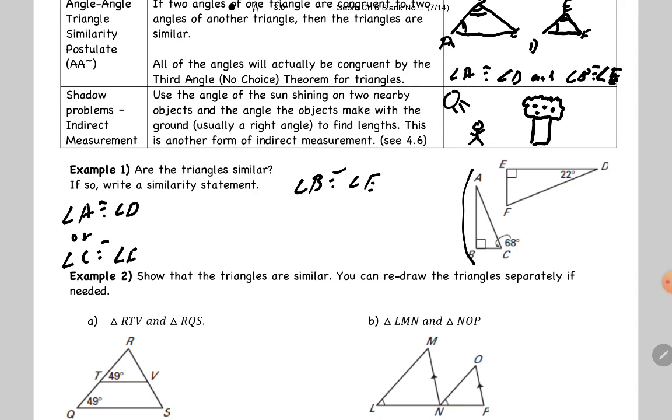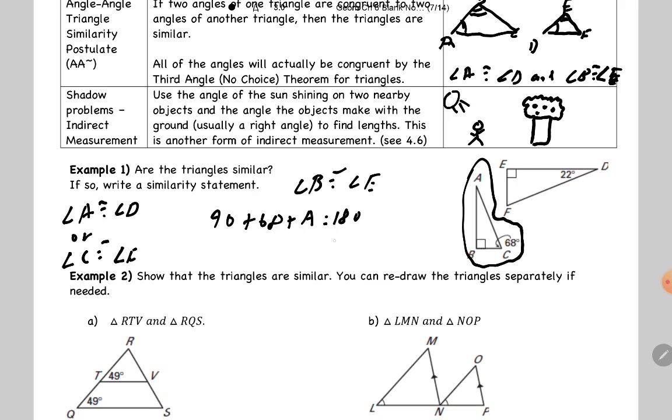So if I look at just triangle ABC, we need to remember that there is 180 degrees total in any triangle. So if angle B is 90 and angle C is 68, we can find out what angle A is if we add them all together and set it equal to 180.